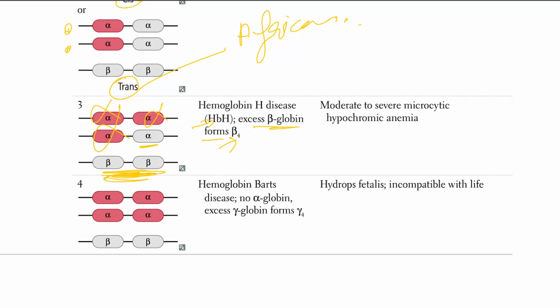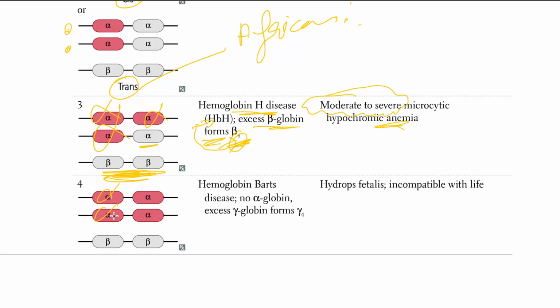Okay. So what we have is the beta tetramers, which is called HbH, hemoglobin H disease. Beta globins are going to form tetramers. That is important. Now you had mild up there. Now you have moderate to severe anemia.